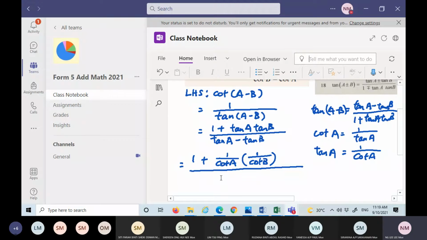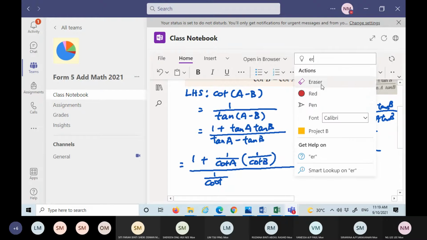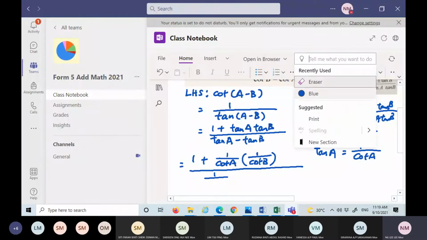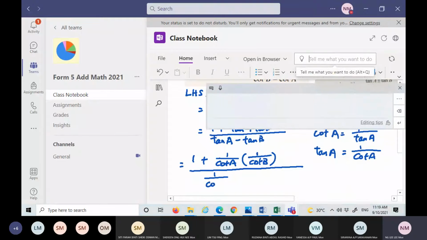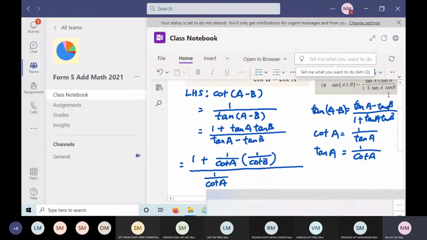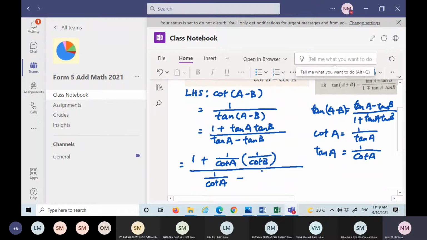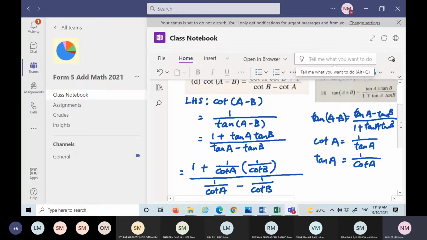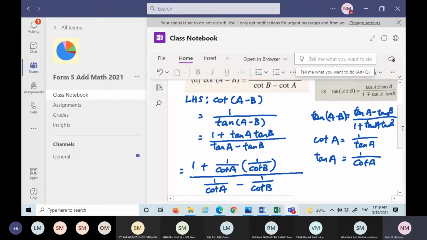Okay, again, tangent A 1 over cotangent A minus tangent B is 1 over cotangent B. Okay, then you see the denominator is just cotangent B minus cotangent A.